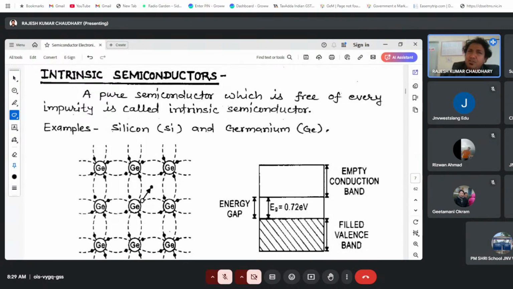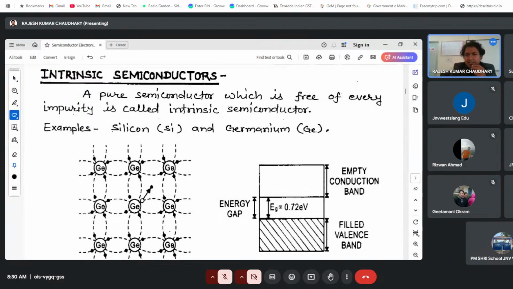Have you understood this concept? What is an intrinsic semiconductor? I'm telling you again because this question is asked in exams many times. Intrinsic semiconductors are naturally occurring pure semiconductors without any added impurity. Examples are silicon and germanium.